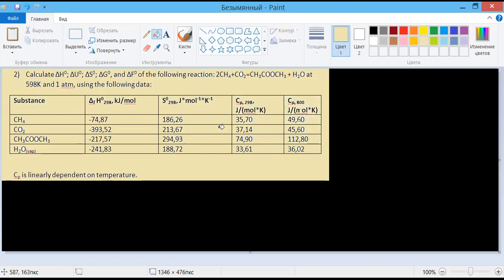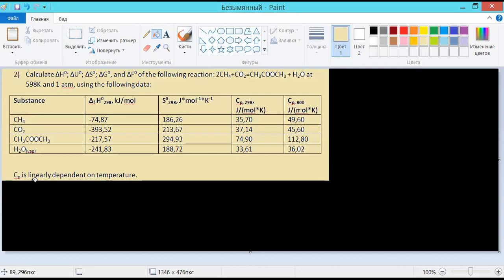Yes, here it is. So they ask us to calculate the change in enthalpy, internal energy, entropy, Gibbs energy, and Helmholtz energy for a given reaction at a given temperature, and the pressure equals 1 atmosphere. Also, I just want to draw attention to the fact that heat capacities of both reagents and products of the reaction are linearly dependent on temperature.